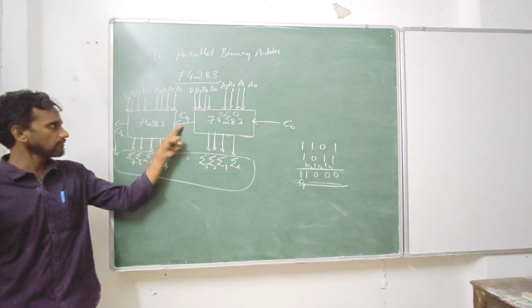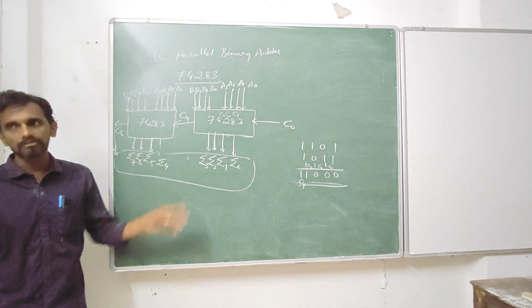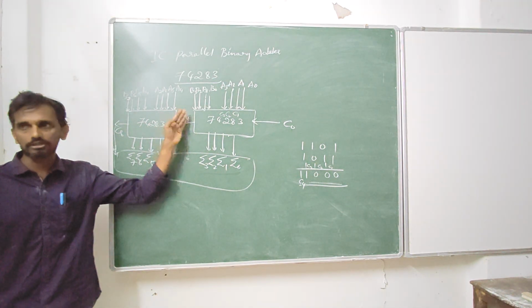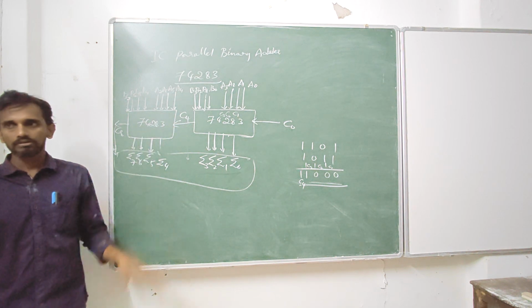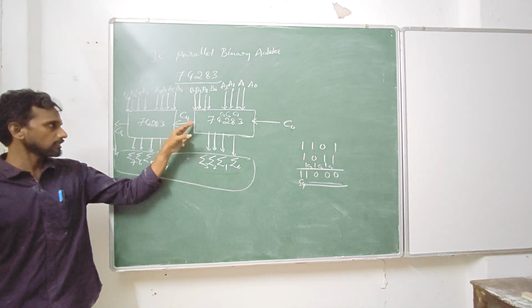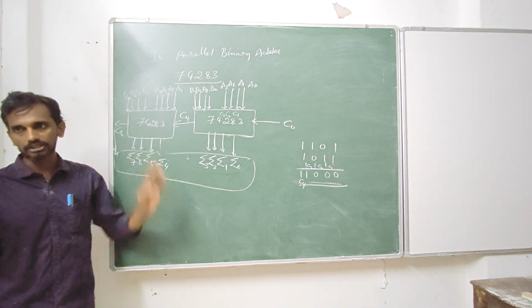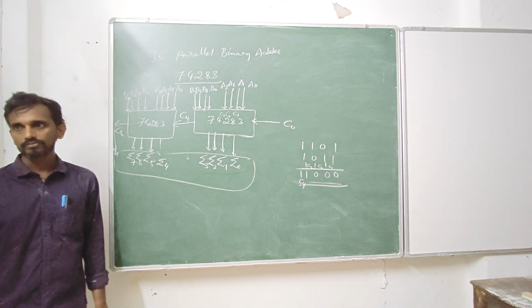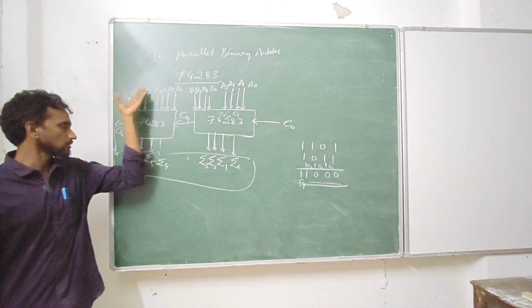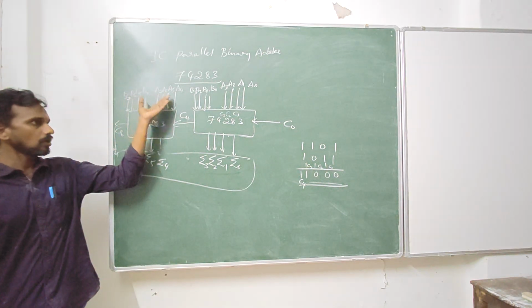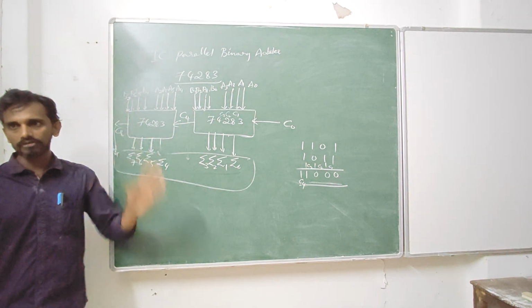This C4 will be given as input to the second IC. This may be 0 or 1, but the carry output of the first IC will be connected as carry input for the second IC. The calculation continues till all digits are processed in your given numbers.